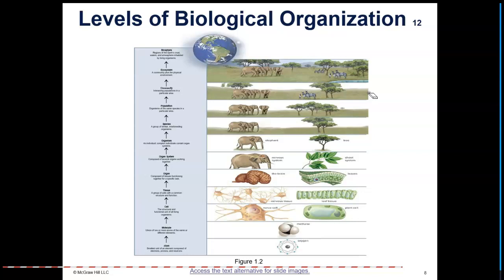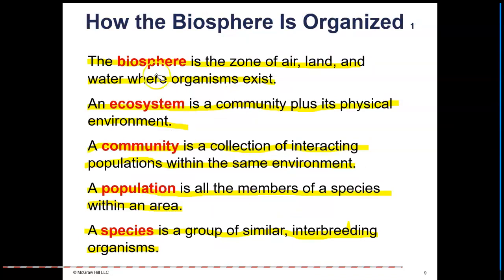And we have the temperate forest. And when you put all the ecosystems on the earth together, you have the biosphere. So technically the biosphere is the area on earth, the zone of air, land, and water where organisms can exist. So the biosphere is just really everywhere that living things can be.